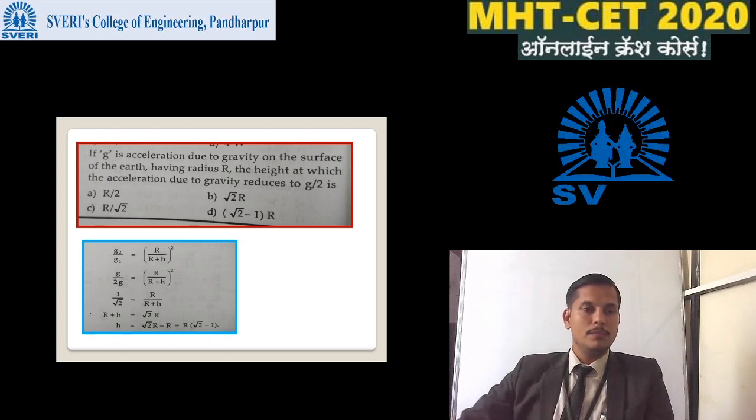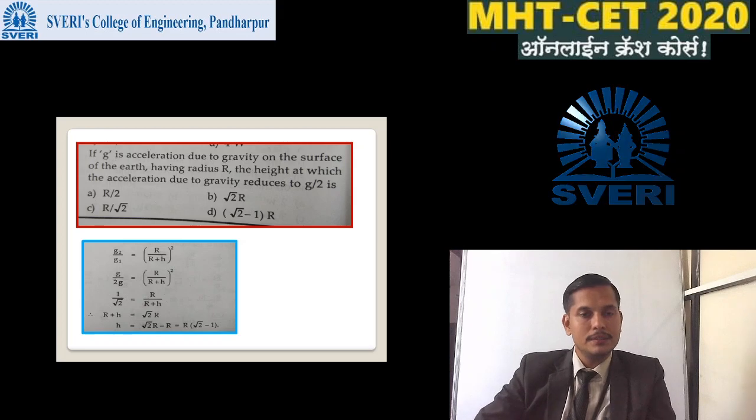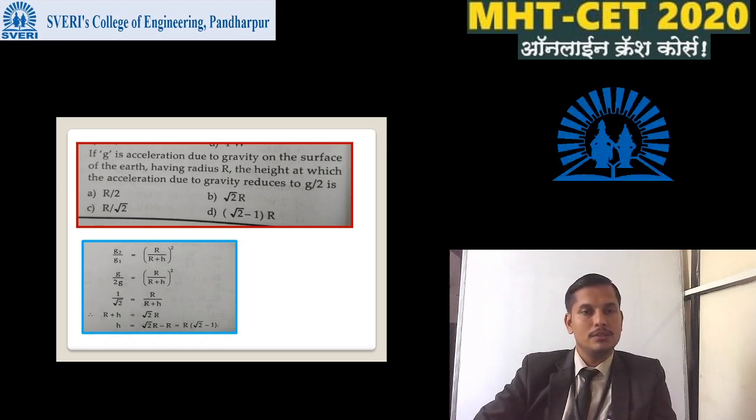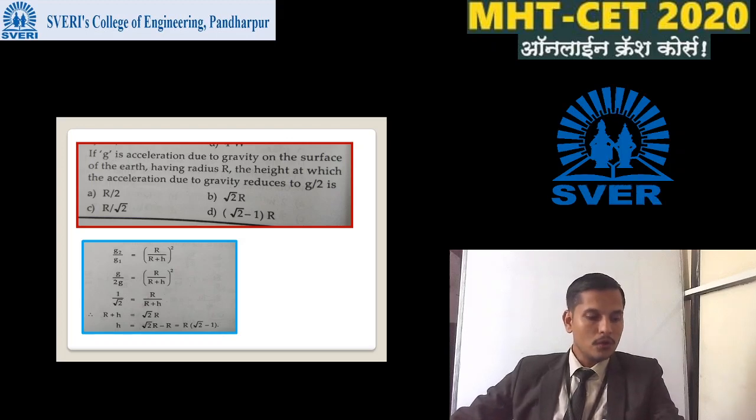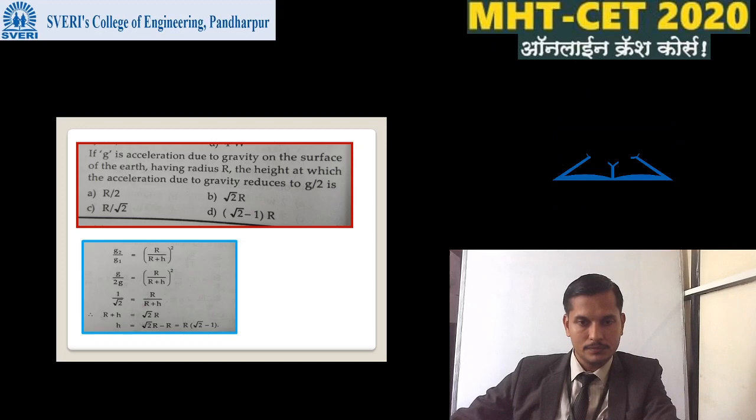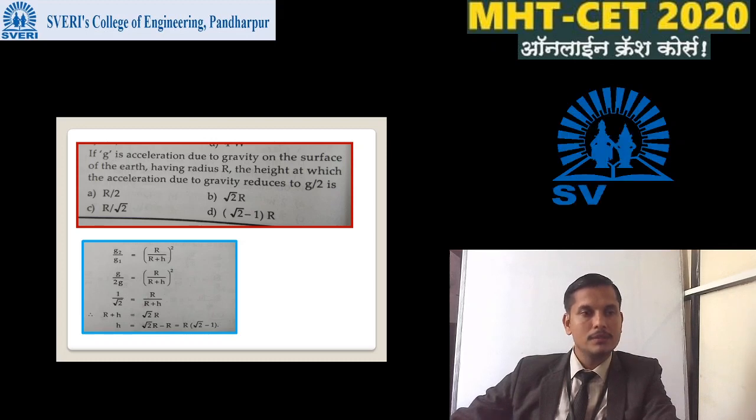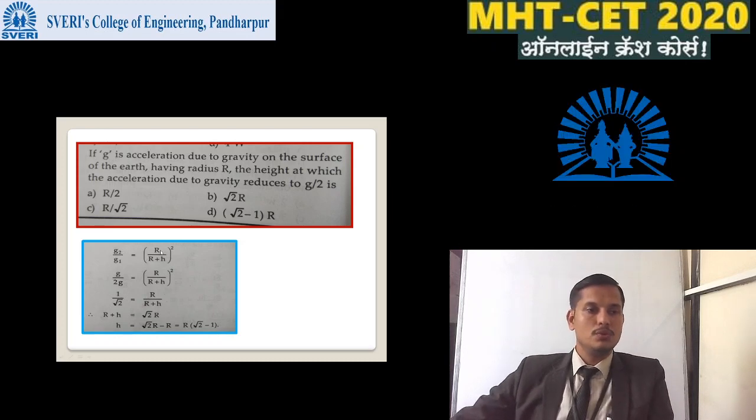Means we have to determine the height by considering that at that particular height, that value of acceleration due to gravity becomes half. So for that we have to consider the equation. We know that g2 upon g1 is equal to R divided by R plus h, its square.